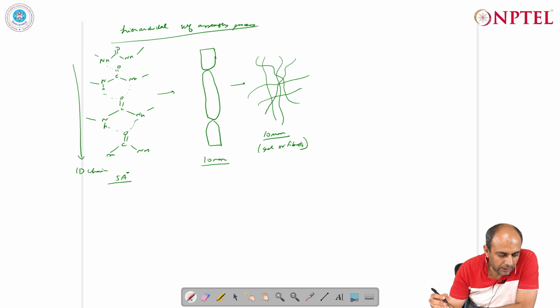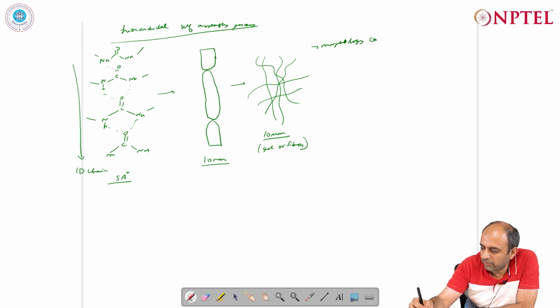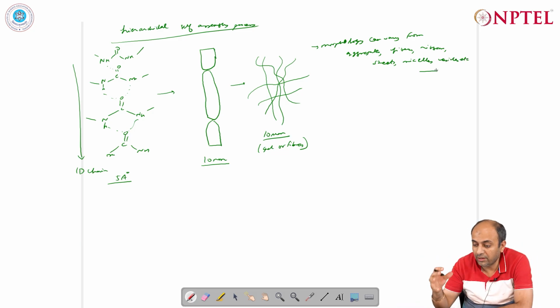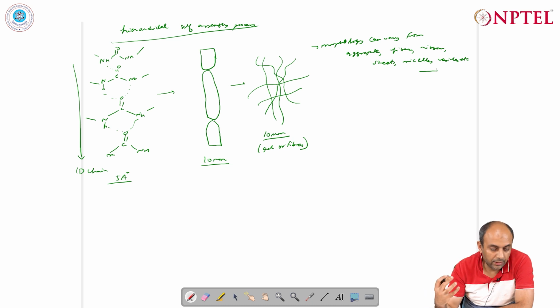And the morphology can vary from aggregates to fibers to ribbons to sheets to micelles, vesicles, etc. So we have now learnt all these things in our previous lecture, so you can appreciate the formation of these structures giving rise to these gel like substances.